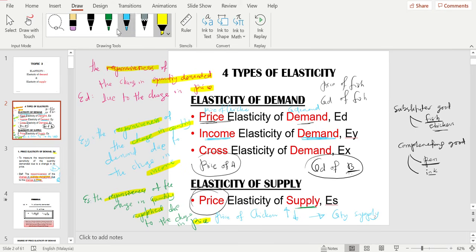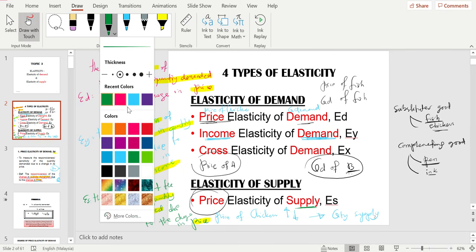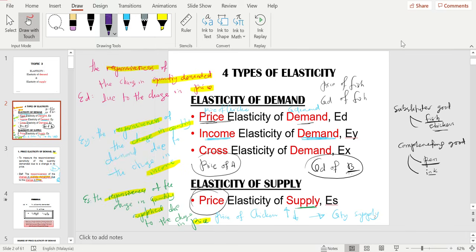While for the definition of cross elasticity, you need to know which product. If for example, pen and ink, so the definition will be, EX will be the responsiveness of the change in quantity demand. Must mention about quantity demand because this one is under the elasticity of demand.